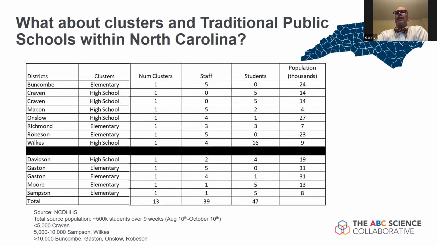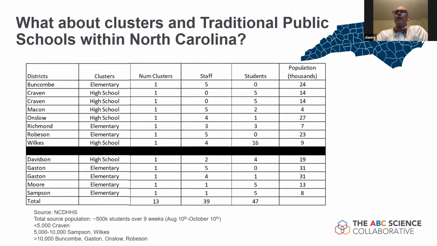these particular counties. Again, most districts had 0 clusters throughout the state. Approximately 50 school districts across the state were open throughout this time. A little bit more than that, perhaps. So you can see that most districts had 0 clusters. There were 13 clusters here total.